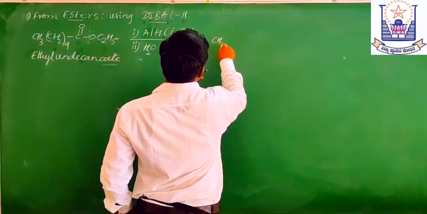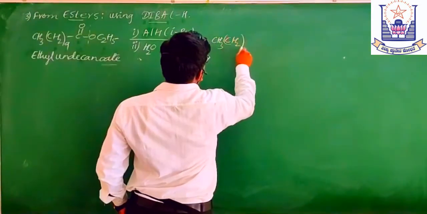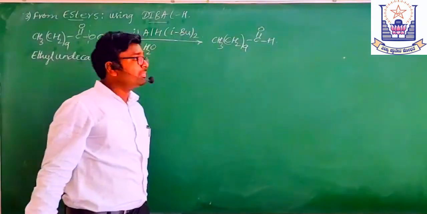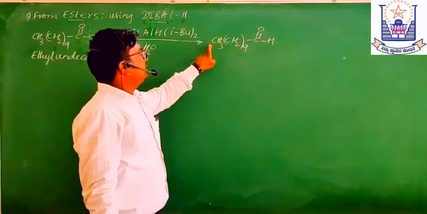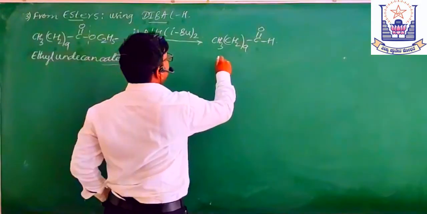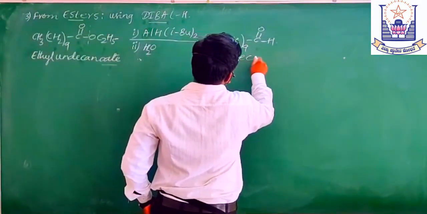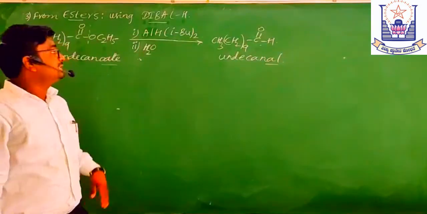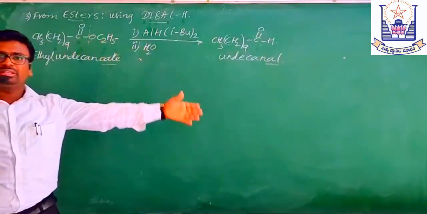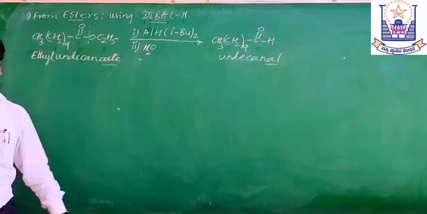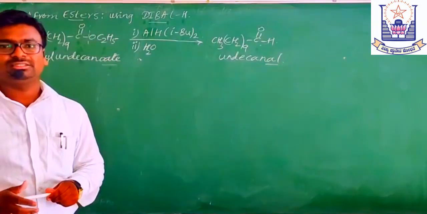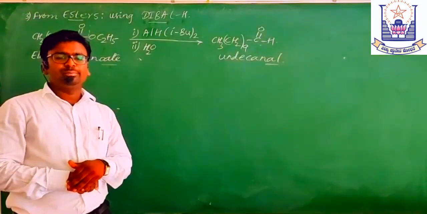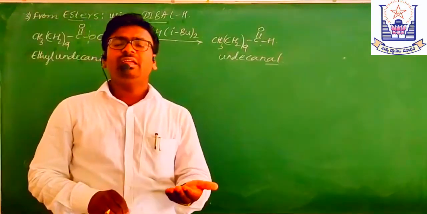So you get CH3, CH2 nine times, C double bond O H. What is the aldehyde? Here 9, 10, 11 carbon atoms, so we call this undecanal for aldehyde. This ester is converted into the aldehyde using DIBAL-H followed by hydrolysis. And the last method is preparation of aldehydes from arenes.